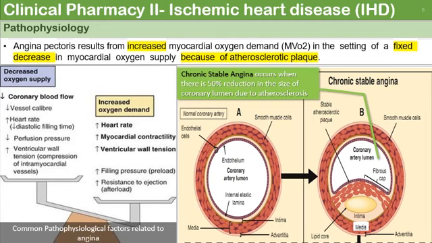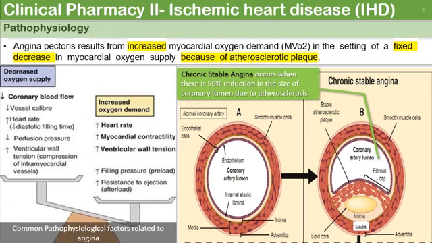Sometimes other diseases decrease oxygen supply, like in the case of a severe asthmatic attack, in which there is no problem in the vessels that transport the blood, but there is a decrease in the amount of oxygen transported from the lung to the myocardium due to severe bronchoconstriction.